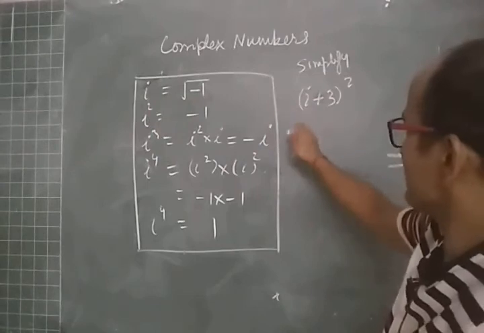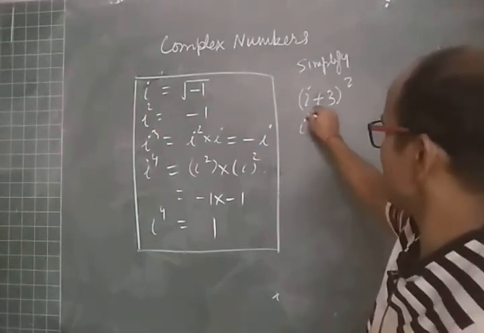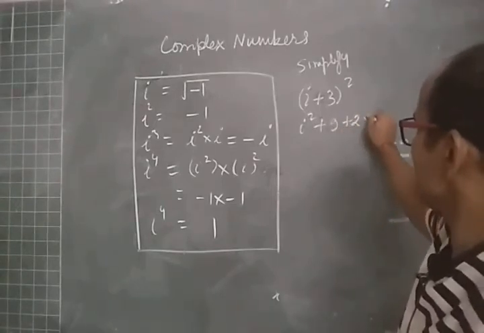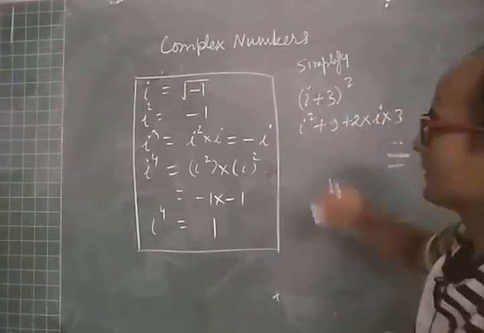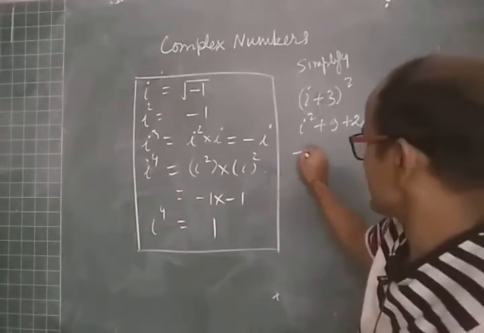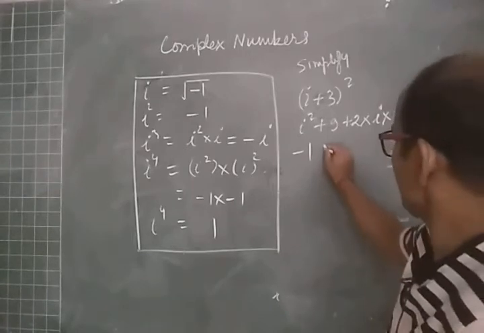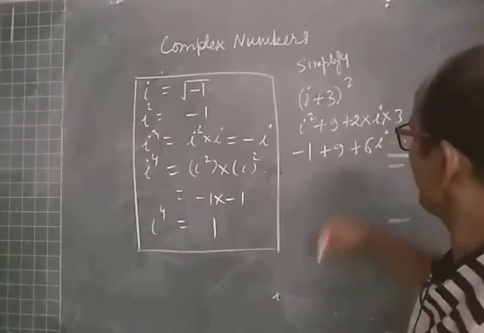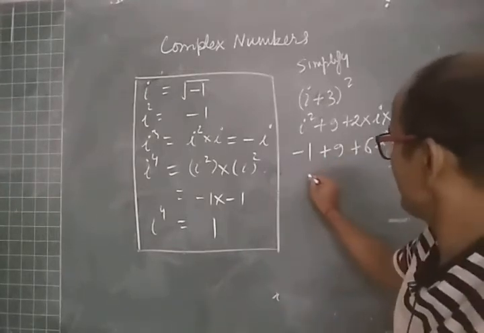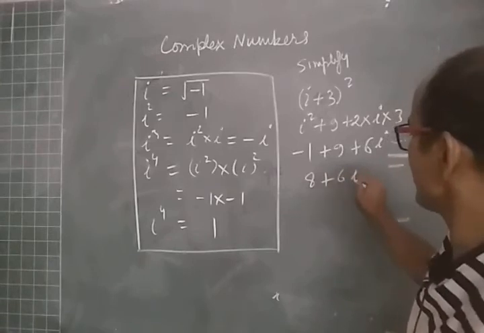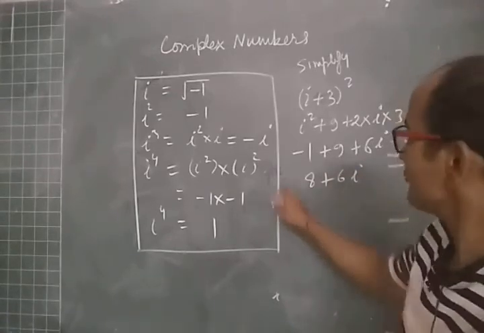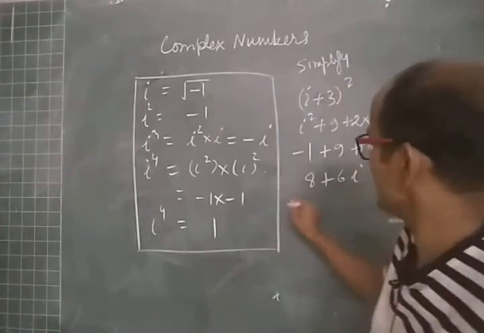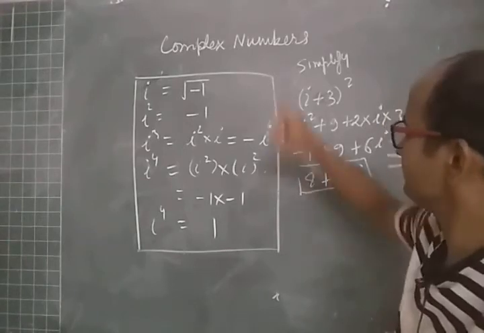To solve this, first we apply the identity: iota square plus 3 square, plus 2 into AB, iota into 3. Iota square means minus 1, plus 9, plus 3 2s are 6 iota. Now 9 minus 1 is 8, plus 6 times iota. This is the simplification of this. You will not write square root of minus 1 for iota.